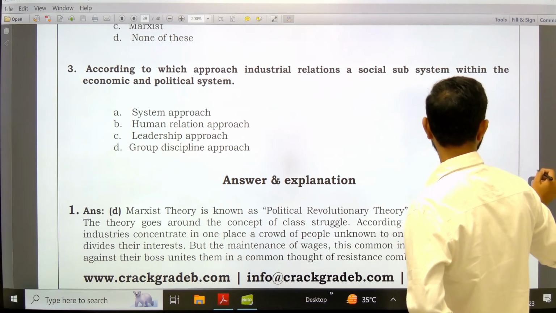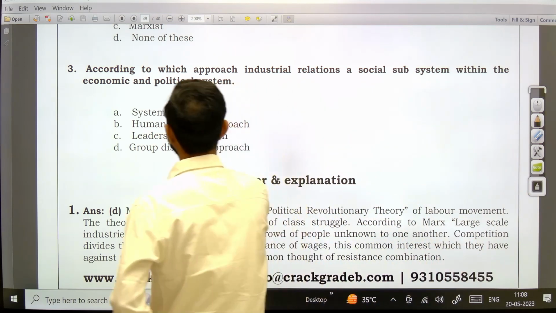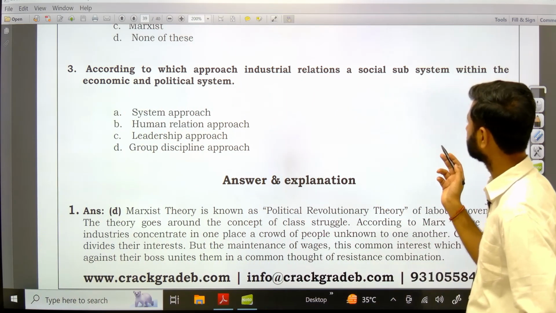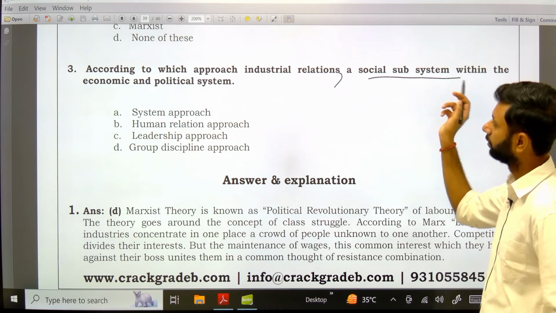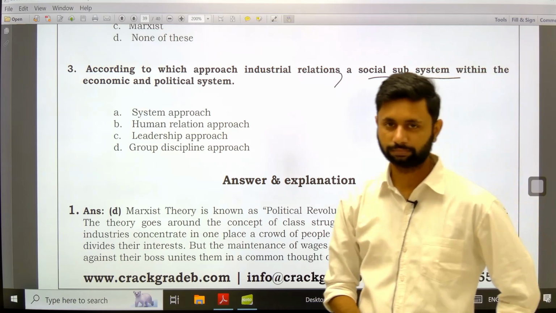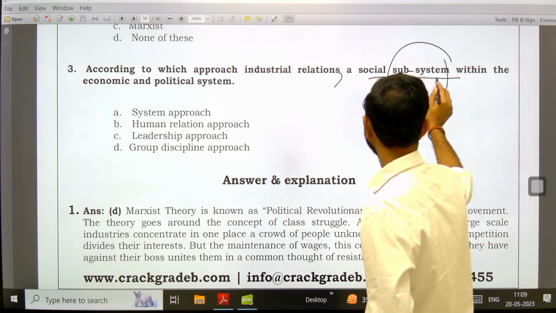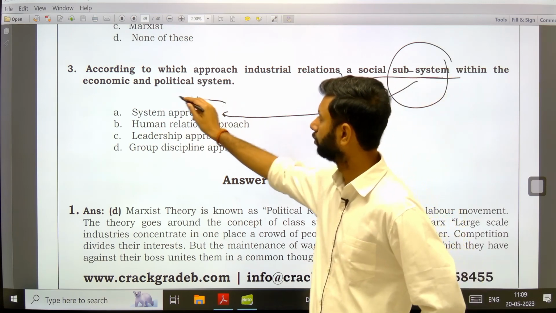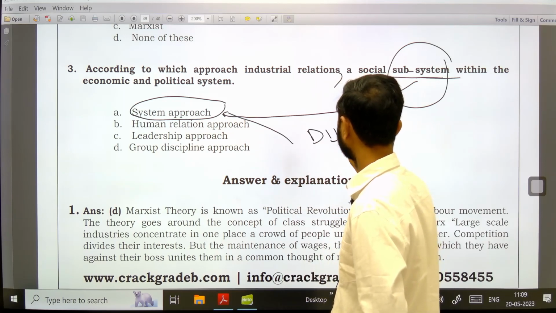Now tell me, this is a very easy question, you must have heard this definition at the start. According to which approach are industrial relations a social subsystem within the economic and political system? Key term, system. Who gave this approach? Dunlop.